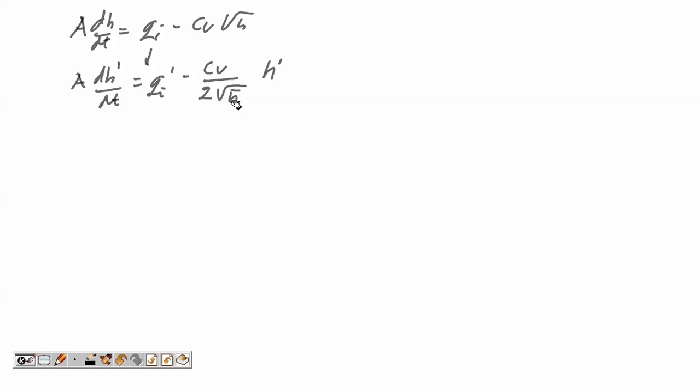Okay, remember that this part is constant because the square root of h bar, meaning at steady state, we have the value.